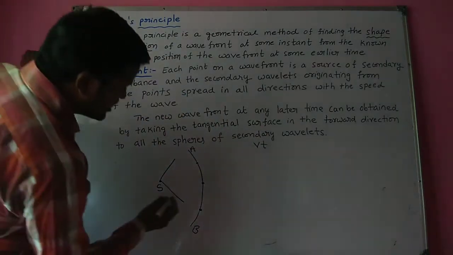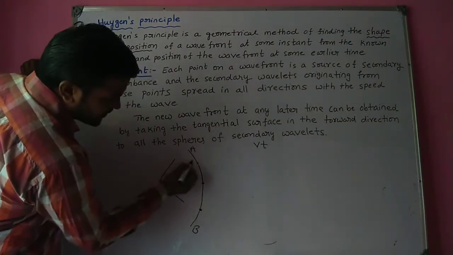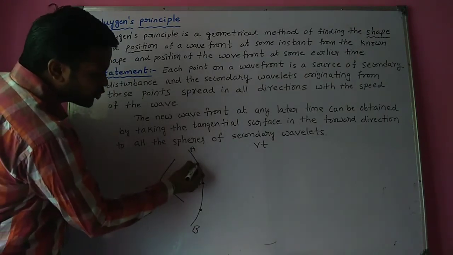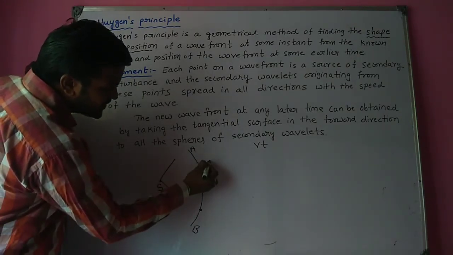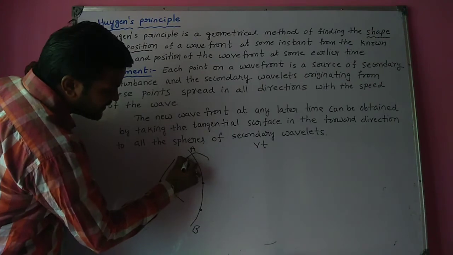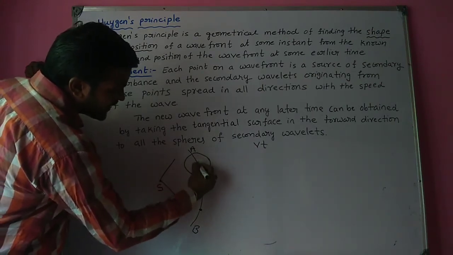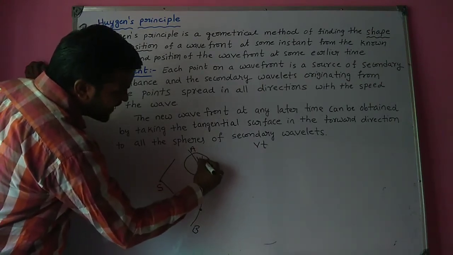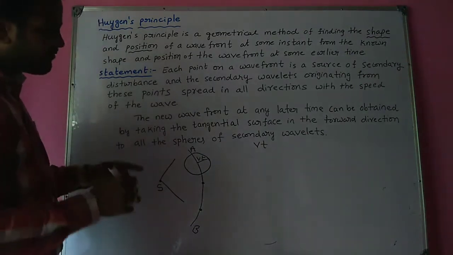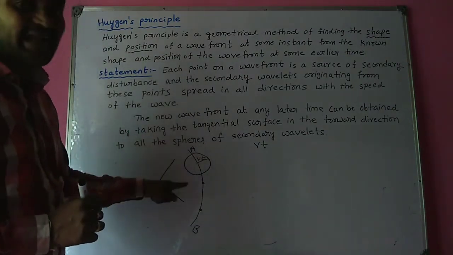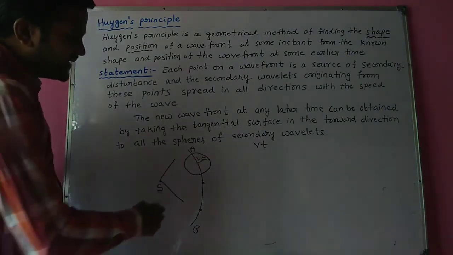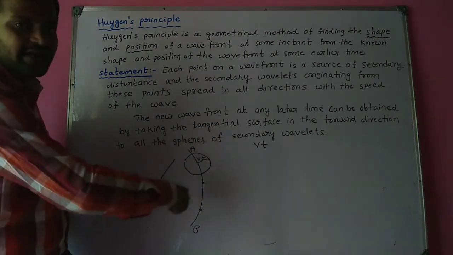That means each point, being the source of secondary disturbance, spreads like a sphere. The radius of this sphere is Vt, where V is the speed of the wave in this medium and t is the time. In the time t, it forms a circle.